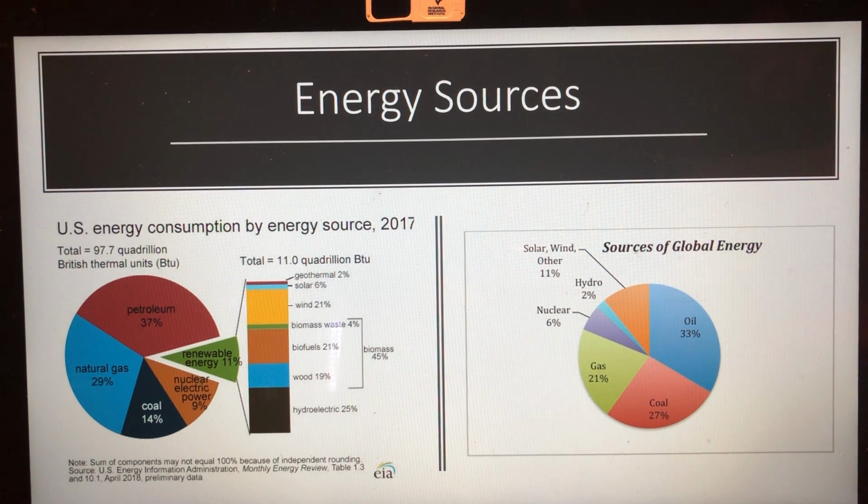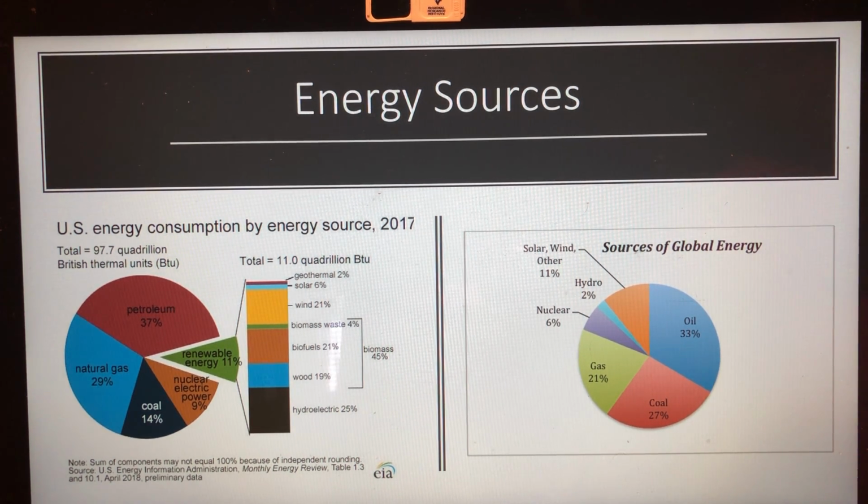So for the energy sources that we just mentioned, you find that fossil fuel contributes the greatest source of energy globally and also in the US. If you note from these two figures here, on the left side is for the US and on the right side is for the global economy.